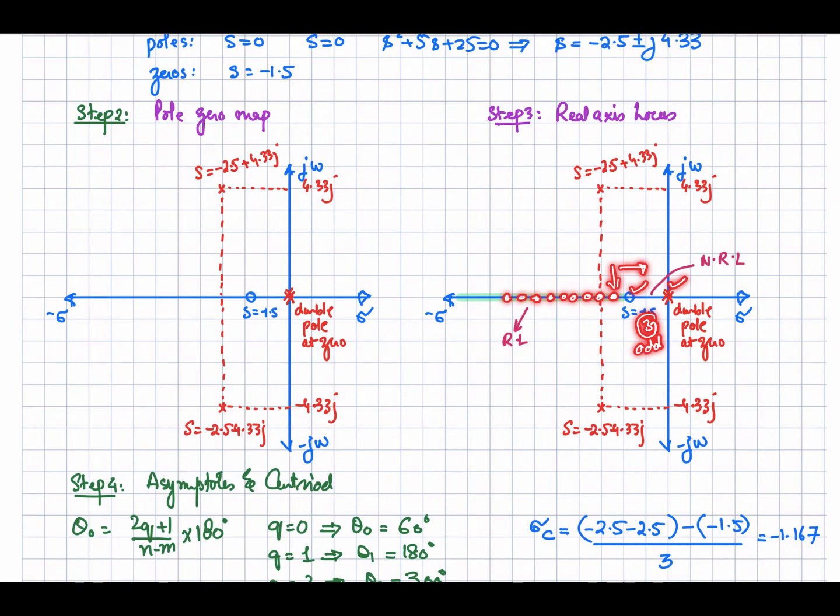So from here till this point or till infinity, any point over this real axis will give us an odd number as a count of zeros and poles towards the right, so that will be part of the root locus. Okay, so this whole axis is part of the root locus.